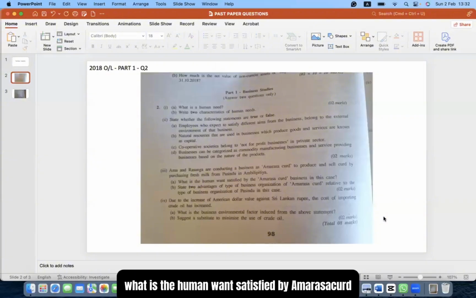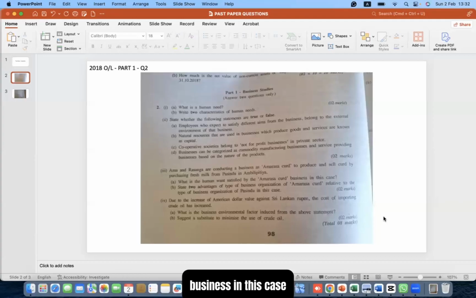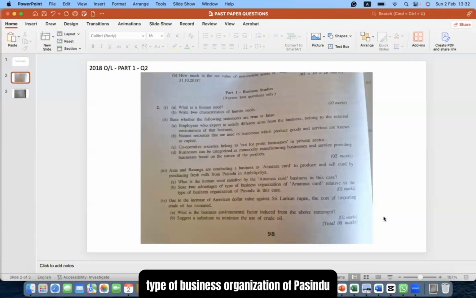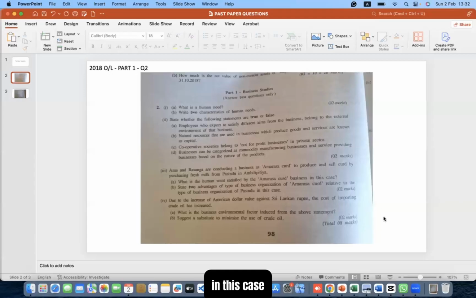What is the human want satisfied by the Amarasa Curd business in this case? State two advantages of the type of business organization of Amarasa Curd relative to the type of business organization of Pasindu in this case.